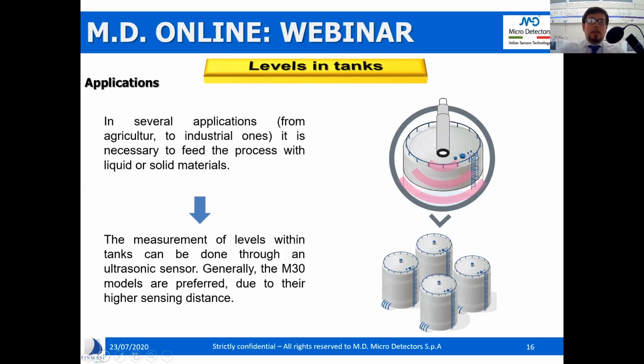On the other side, probably you want to directly measure the level in analog terms, so through the analog output, it is possible. Here we indicated the M30 series, just because these sensors can reach very high distances, and so it is possible to install them at the top of very high tanks.